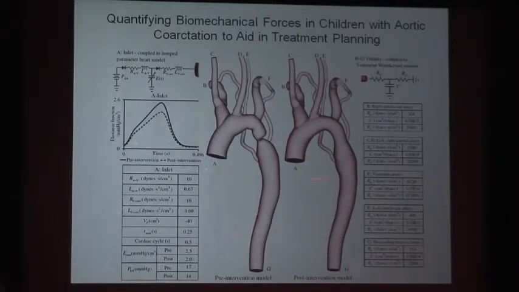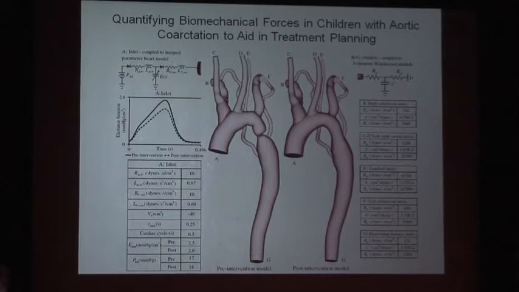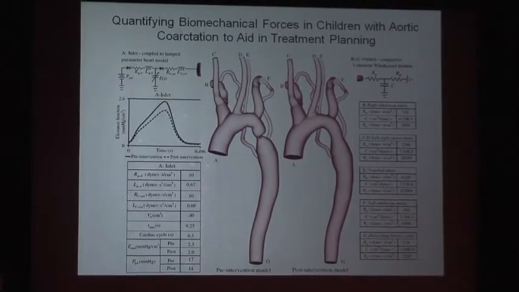This is a model of a patient pre-op, pre-intervention, and then simulated post-intervention. There's a lot of detail that's not important, but I'll just tell you about the outlet boundary conditions. In this case, we use a simple 3-element lumped model at the outlets. At the inlet, we use a lumped parameter model for the heart. So in this model, we don't ever prescribe pressure or flow anywhere in the domain.